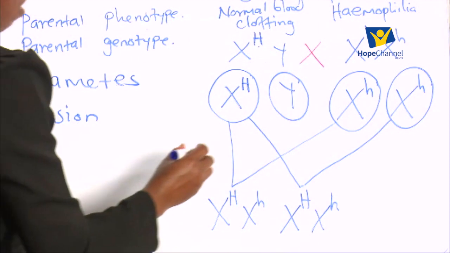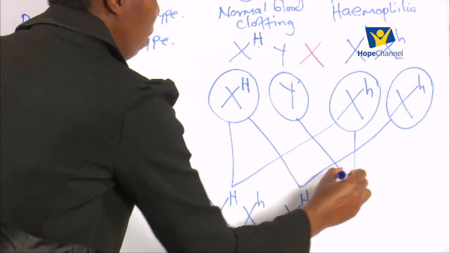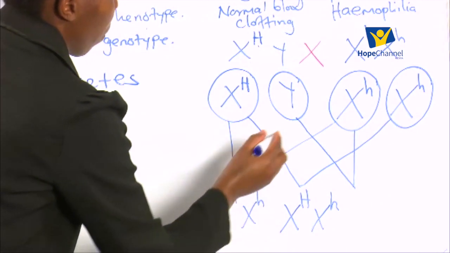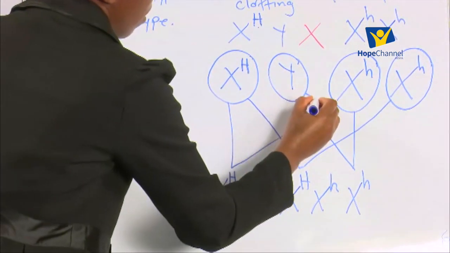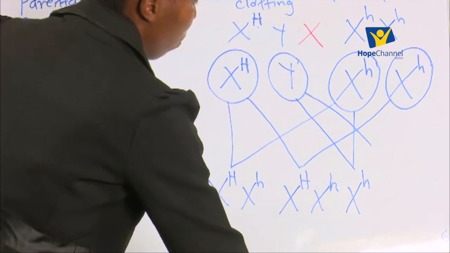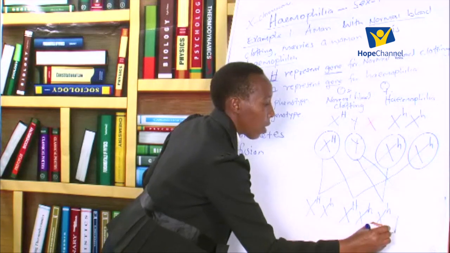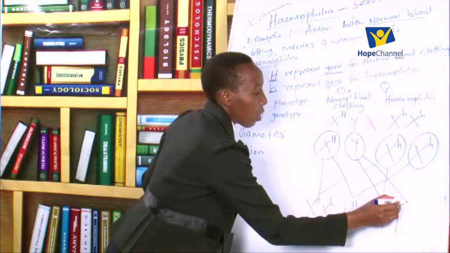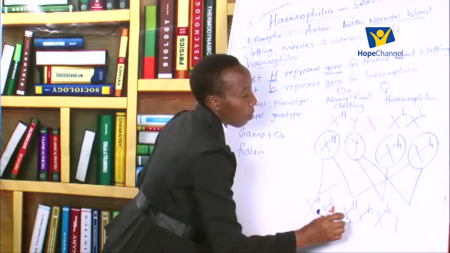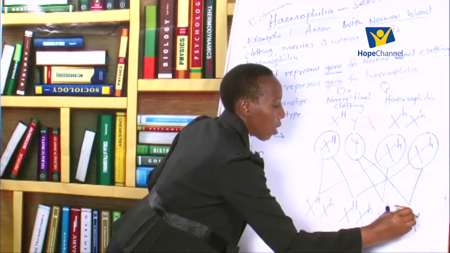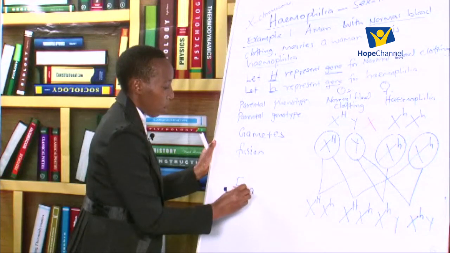Number 2, if you cross this gamete with this one, then we are going to have X small h, and then you cross this one. Before we cross that, let's have this. So we'll have X and then Y. Then you cross this one with this one, and you're going to have X capital H, Y. So that is the F1 genotype.